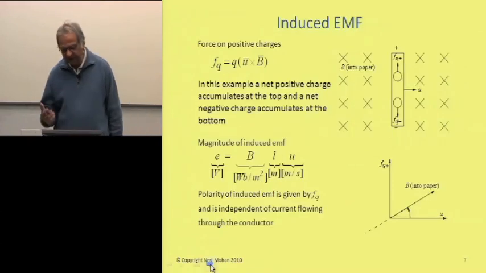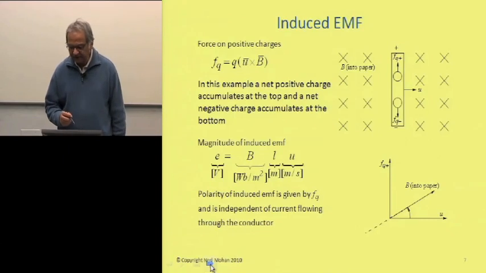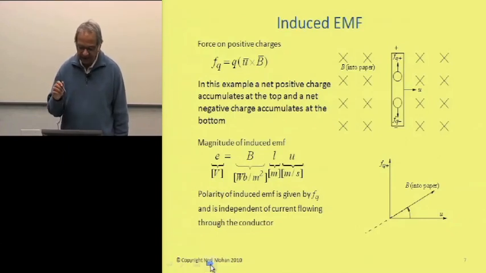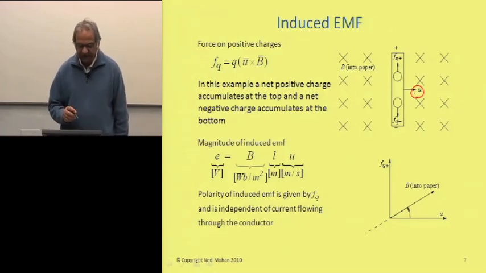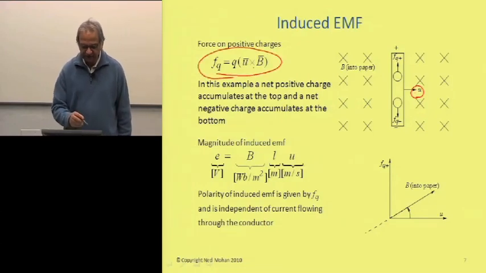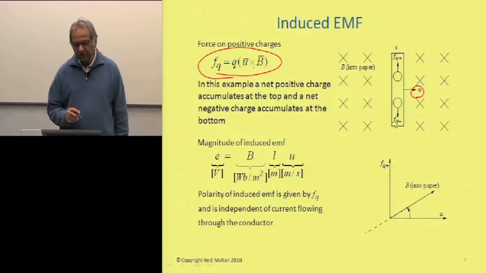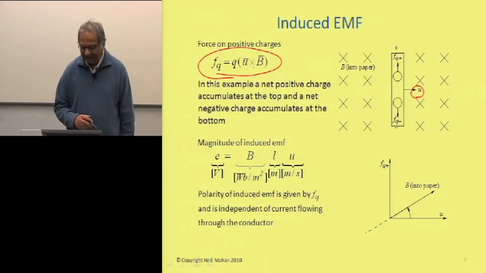And similarly, we can find what the induced EMF would be if, for example, we have flux lines going into the screen, shown by the tail of these arrows, and this conductor of length L is, let's say, moving at this velocity u as shown here. In this case, the force on a positive charge is given by this expression, the charge times u cross B, using u and B as vectors, and they're perpendicular to each other in this example.